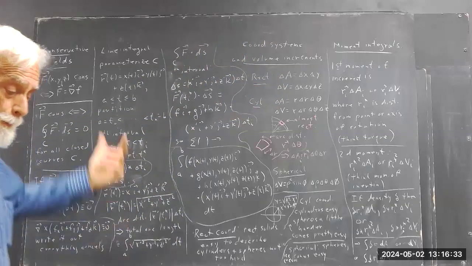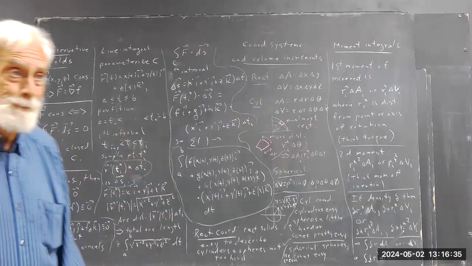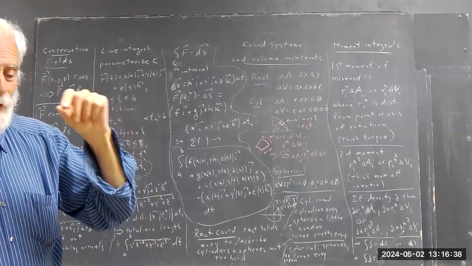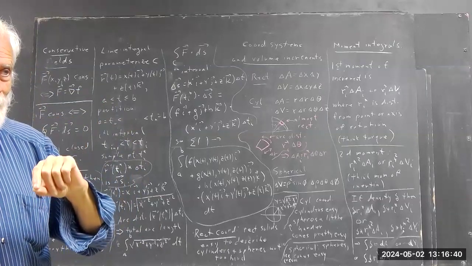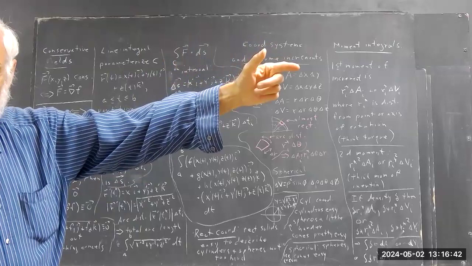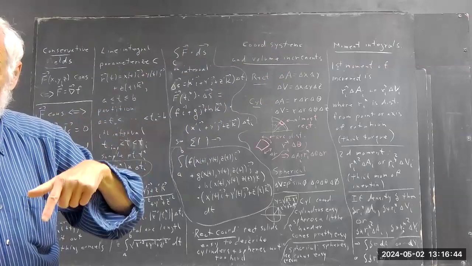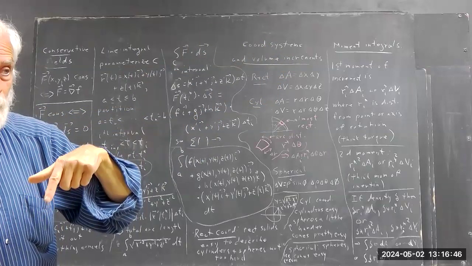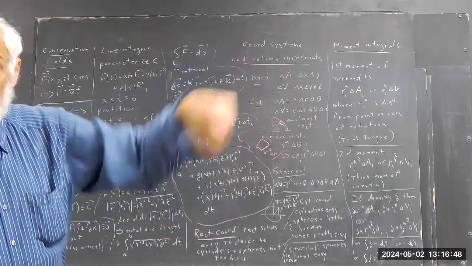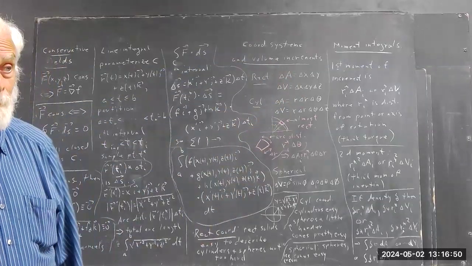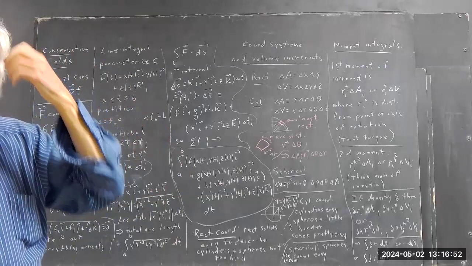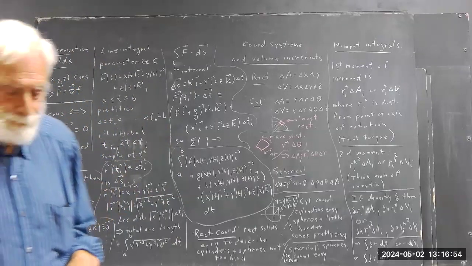Here you're in space. You just take the value of your vector function here, the value of the vector function here, do this one minus this one. It tells you what the integral is from here to here along any darn path you want to choose. A similar thing is Stokes' theorem.